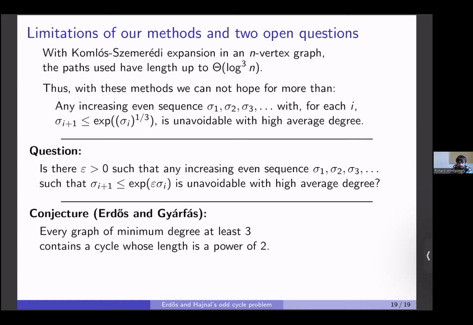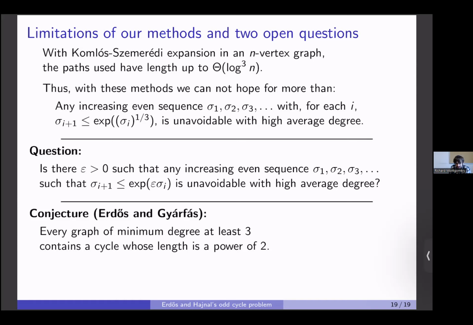And we didn't push to get the best possible thing there, in part because with our methods, the best possible you could hope for, because of that 3 becomes this 1/3, are sequences that increase at speed where the next one is the exponential of the cube root of the previous one, and say it's unavoidable at high average degree.